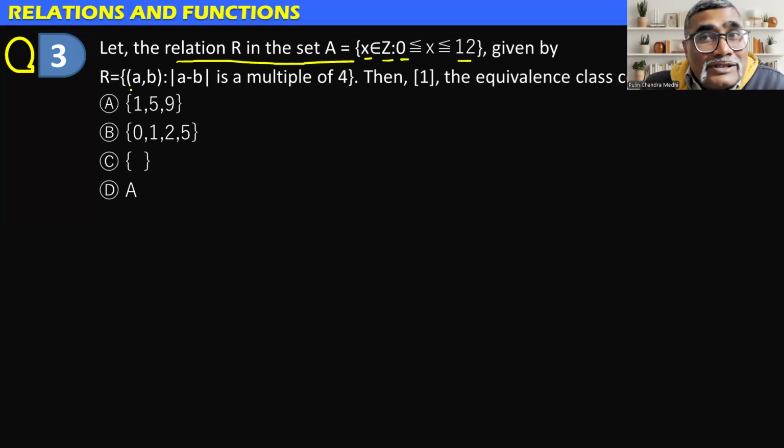The relation is given by: a and b are related if modulus of a minus b is a multiple of 4. I think by reading the question, you should be able to recall that this is actually a question from your textbook. Okay, some little changes may be occurring here.